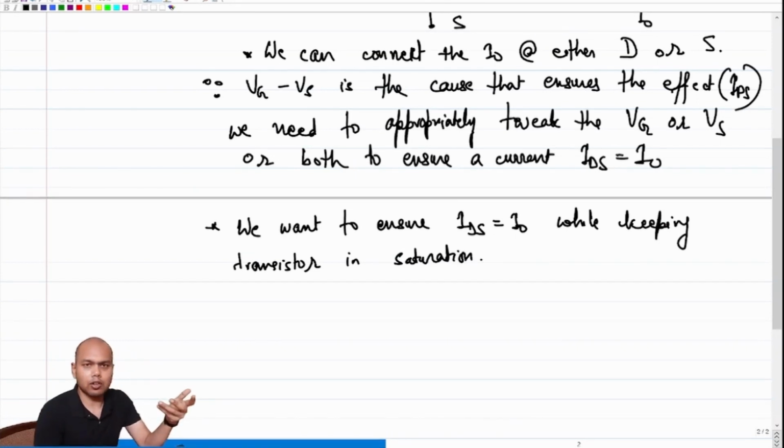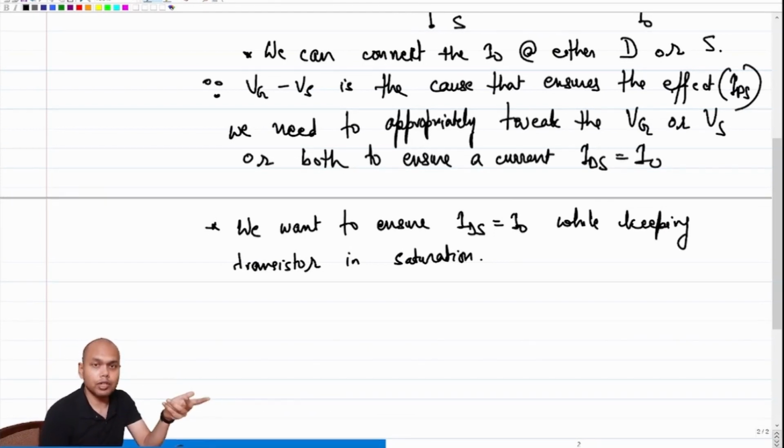Because if you use an ideal current source and you connect it to the drain or the source of the transistor, by virtue of KCL, that current has to flow through the transistor. There is no doubt about that.